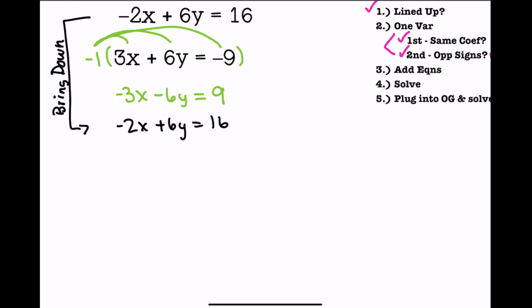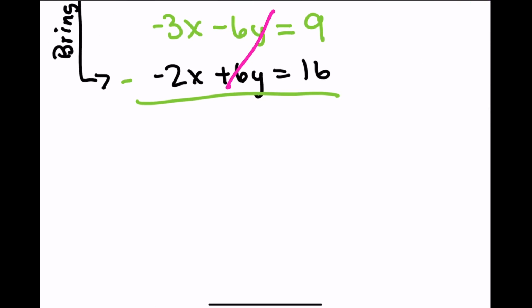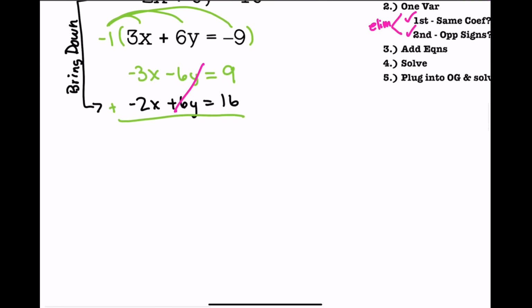So this means we can eliminate. So let's assassinate those y's. We took them out. Do some math. Okay? Remember, we are adding the equations. That's what it says here. Add the equations. -3x plus a -2x is a -5x. Can't add equal signs, so just bring it down. 9 plus 16 is a 25.